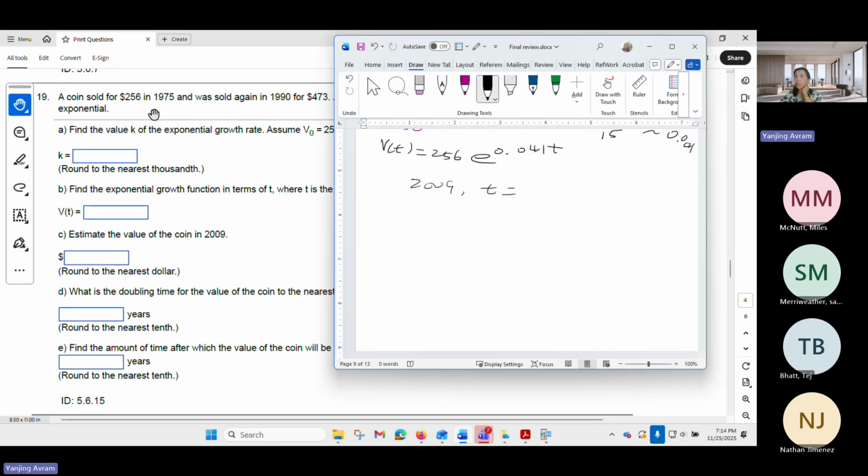Well, you need to compare to 75, where t is 0, right? And then 2009, this would be 34. So t will be 34 years. Okay, 2009. So just plug in t equal to 34. Plug it in, and you can calculate this one. All right. So that is how you do this one in here.